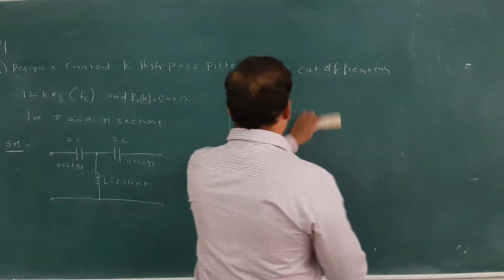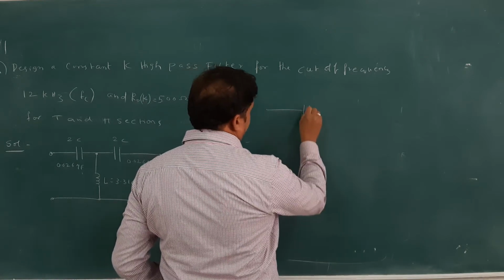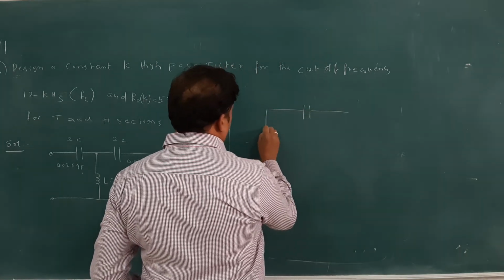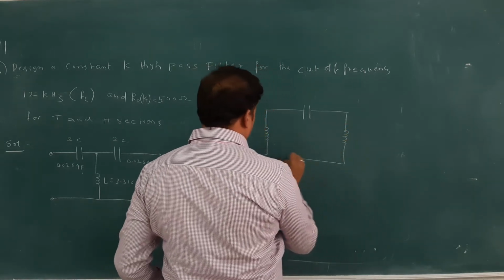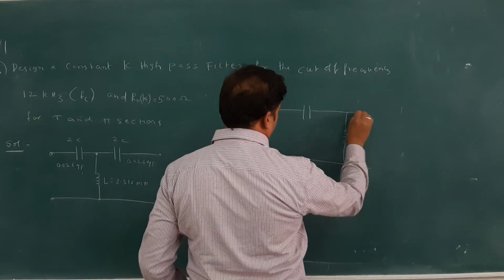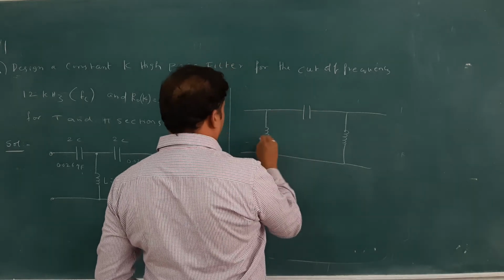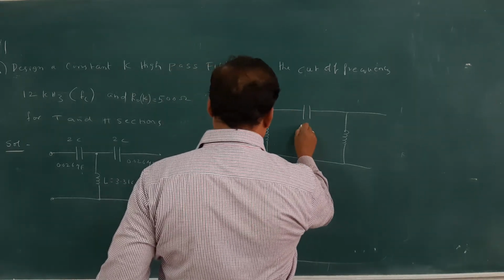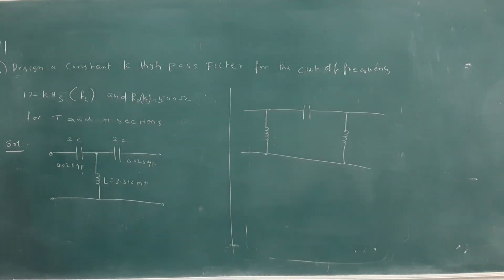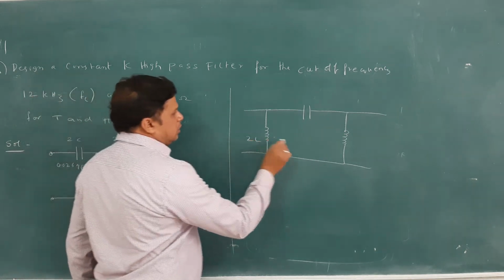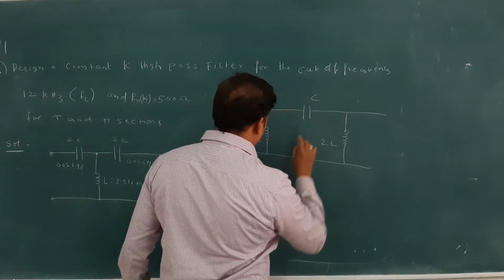Now if you see here pi section, this is a capacitor and this is inductance, this is also inductance. If you see here, this is the pi section network and you will write the values here. Okay, 2L, 2L and C. This is 2L, this is 2L, this is C. So what is the value?